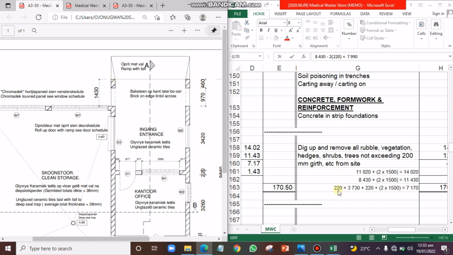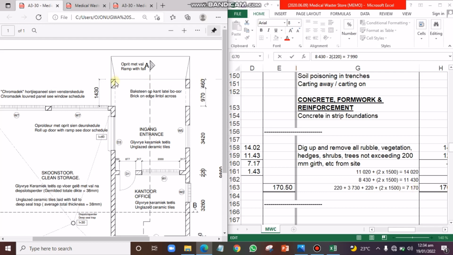That is the reason why we have 220 for this first wall thickness, plus this in to in dimension, which is 3,730, then plus this wall thickness again of 220. So we now add our spread, 2 by 1,500. We are going to have 1,500 at this place and another 1,500 at this place. So that is going to give us 7,170.